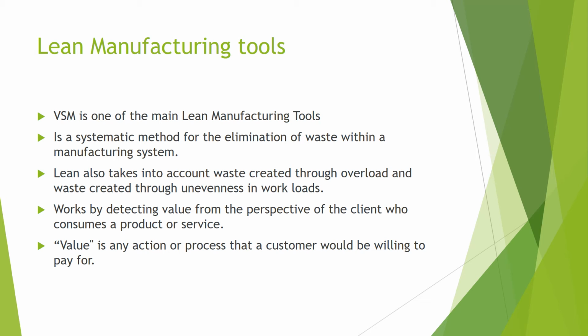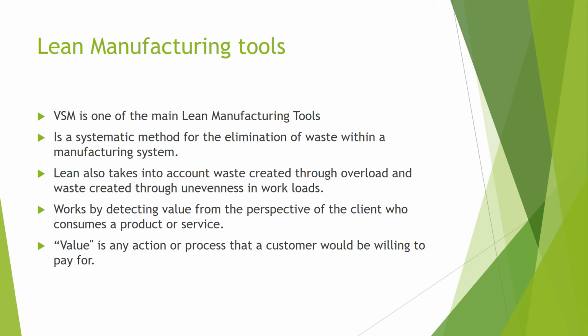Also, lean manufacturing works by detecting the value from the perspective of the customer who consumes the product or service. It is very common that when we want to improve a process, we focus on the value for the company, right? And sometimes what is valuable for a company is not also valuable for the customer.